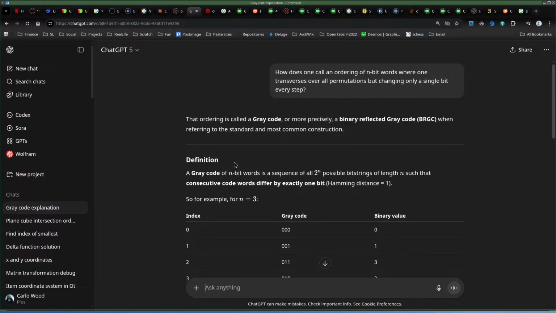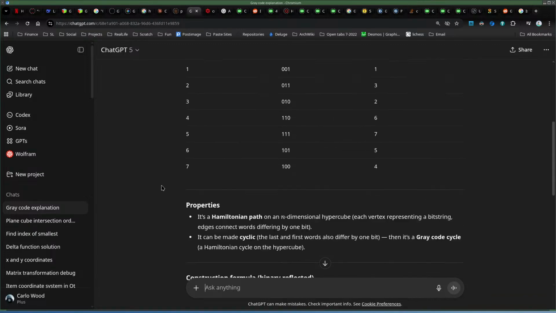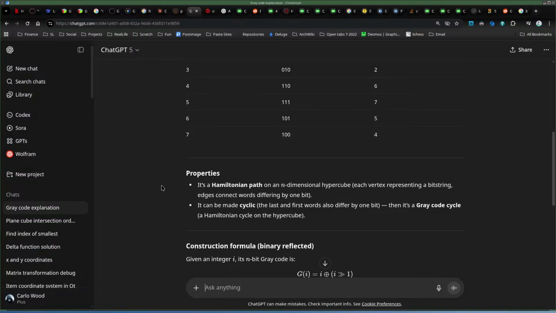The Hamming distance is the number of bits that are different, I guess. Definitely need to cycle up one.